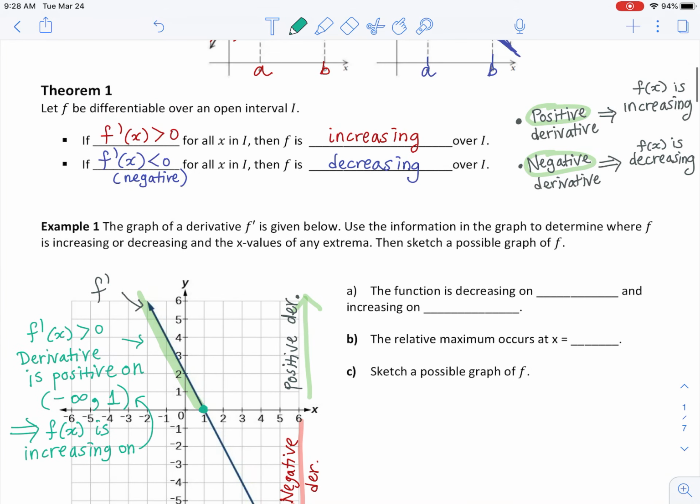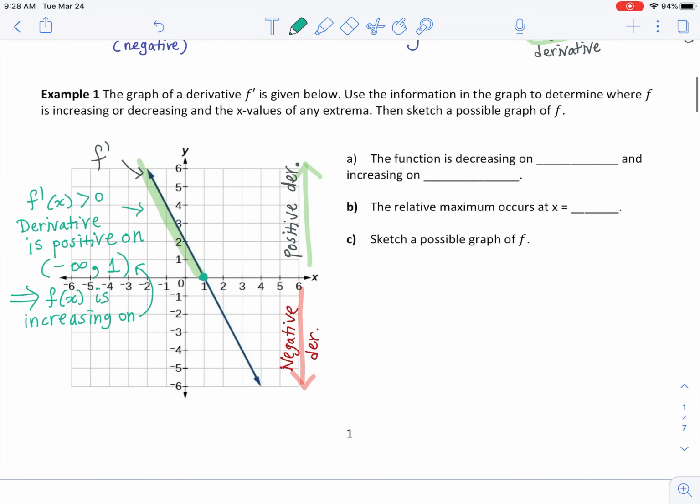Positive derivative right here means that f of x is increasing. So just because this little green section that I highlighted was above the x-axis, I know the function is increasing on negative infinity to positive 1.